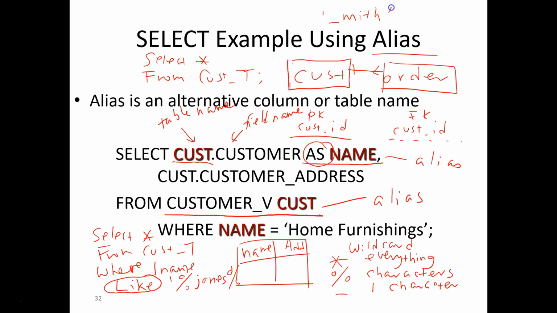If somebody's last name is Smith, then this person will be included in the result, because it's saying that before MITH, there should be one character. So these are some of the wildcard characters that are accepted in the SQL statement: the asterisk, the percentage sign, and the underscore.